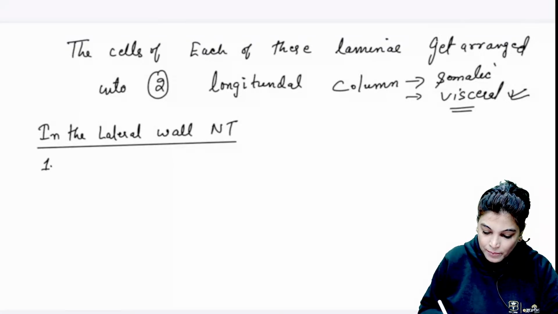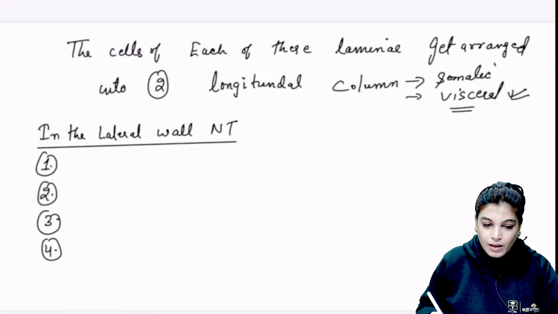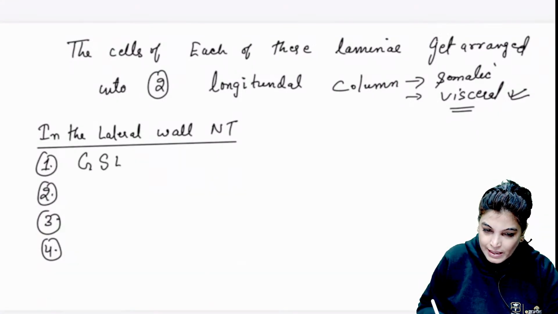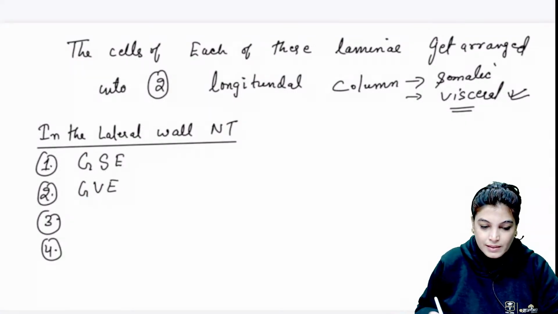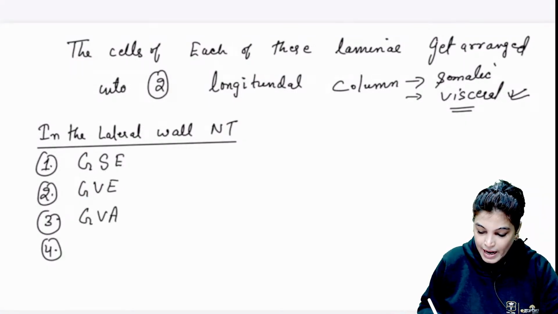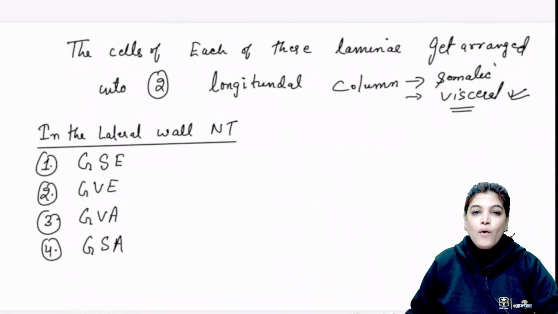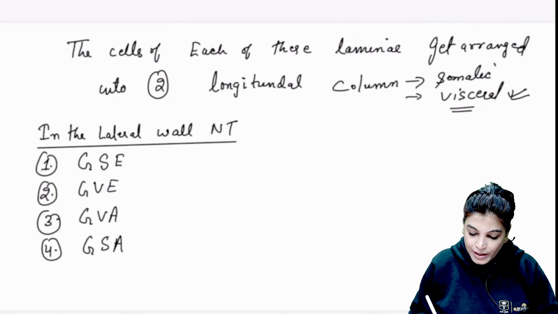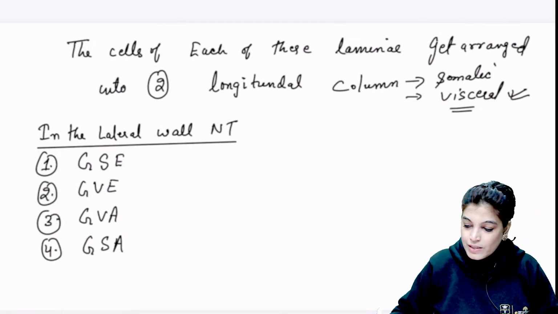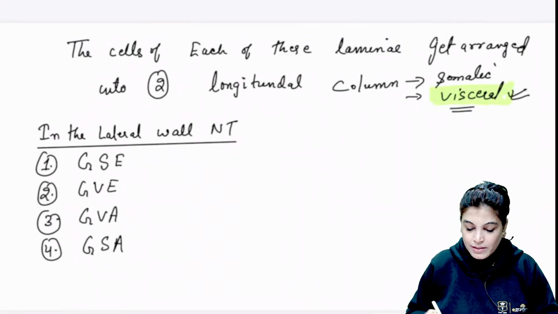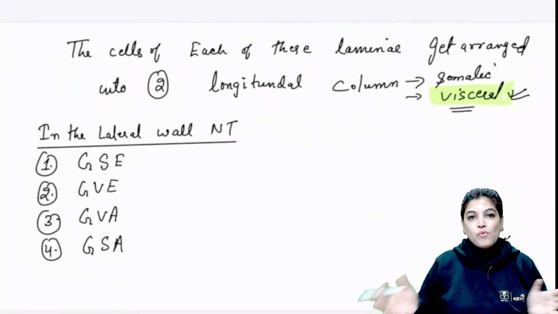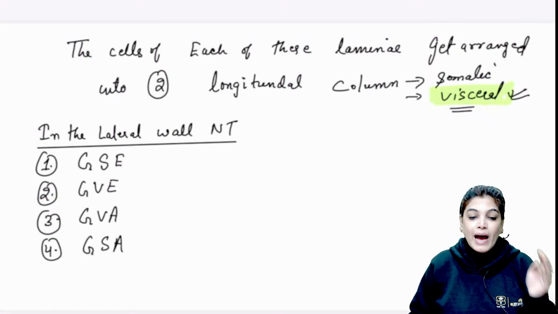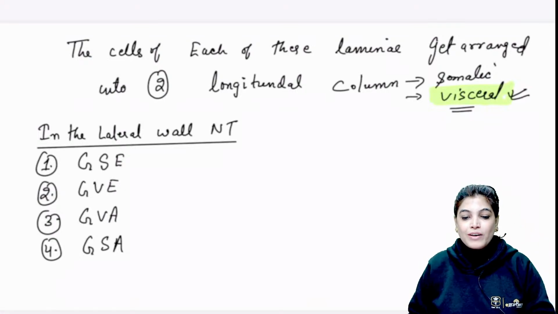Please write down the names: first, second, third and fourth. General somatic efferent, general visceral efferent, general visceral afferent and general somatic afferent. As I told you, the visceral columns lie close to the sulcus limitans.